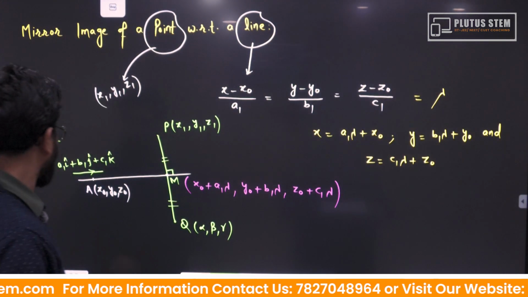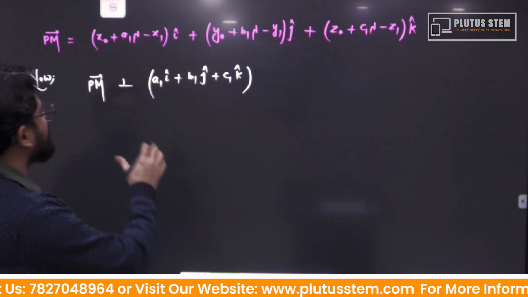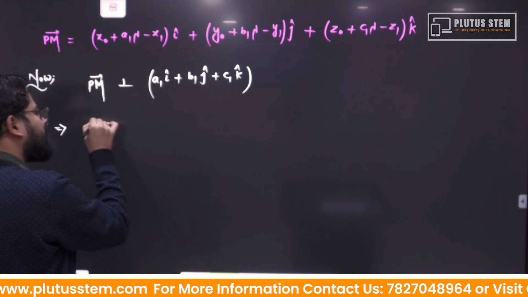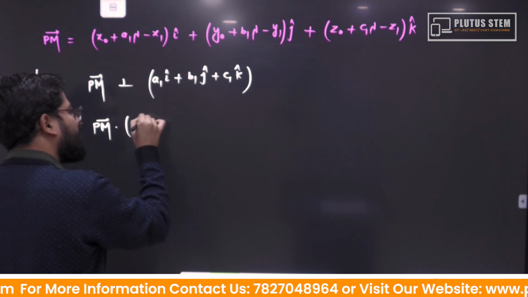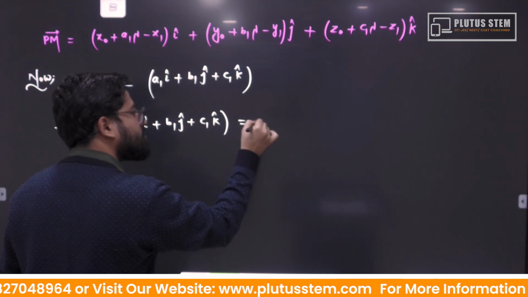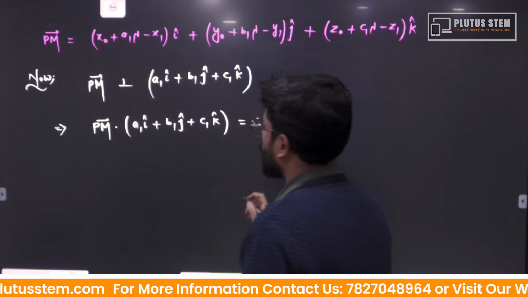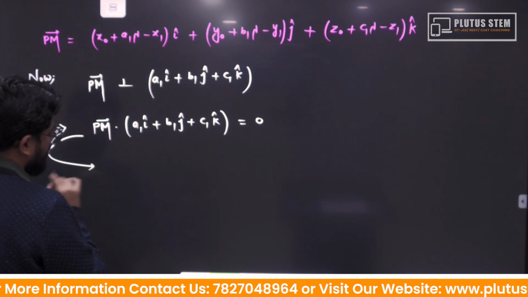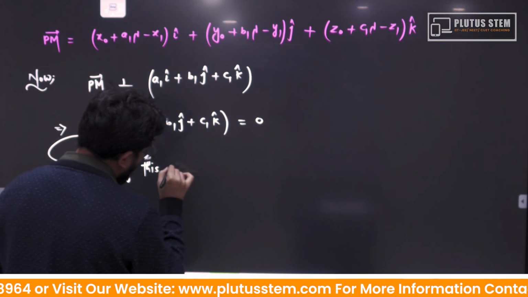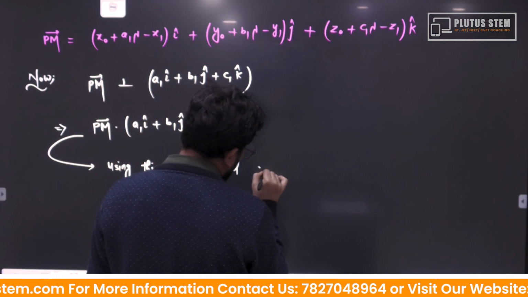So the dot product of the PM vector with a1 i plus b1 j plus c1 k must be 0. And using this, we can find the coordinates of M.